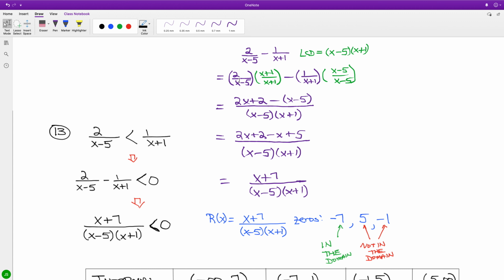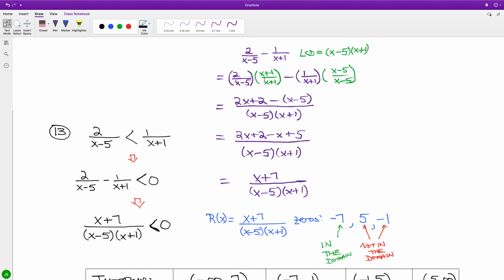So for 2 over x minus 5, we have the x minus 5 factor, but we're missing the x plus 1. So I multiply this ratio by 1 in the form of x plus 1 over itself.